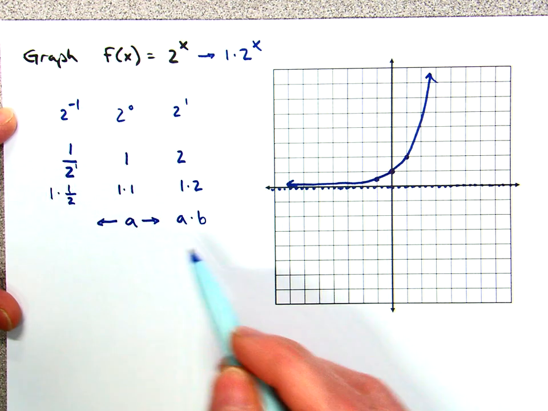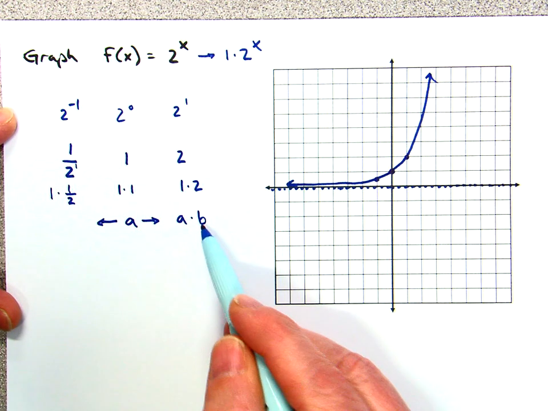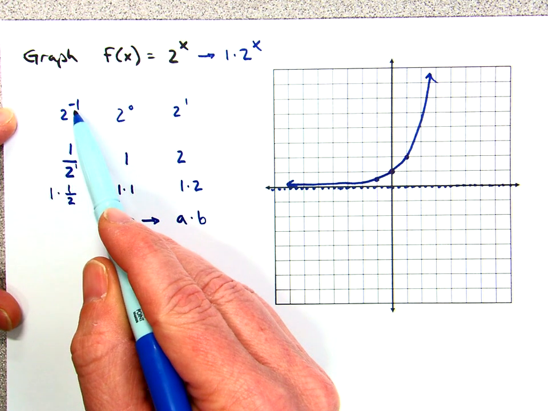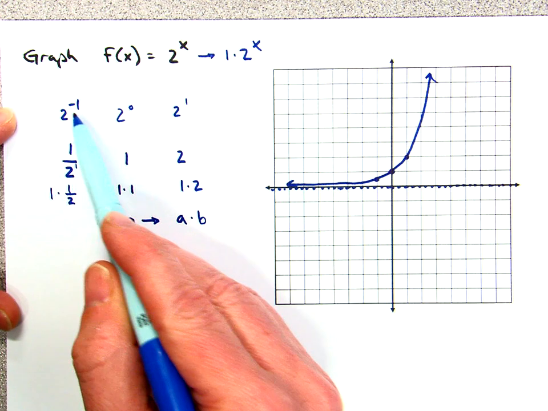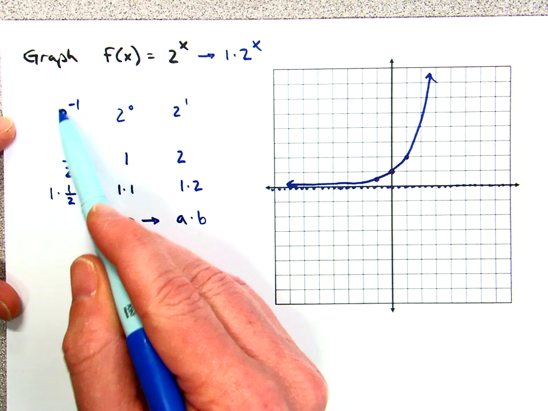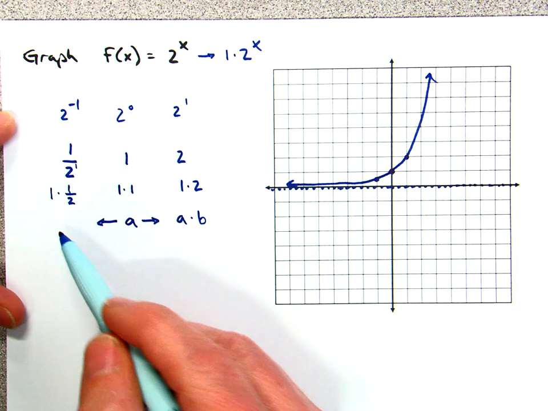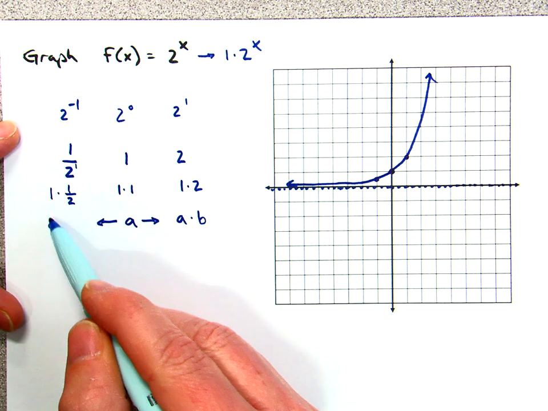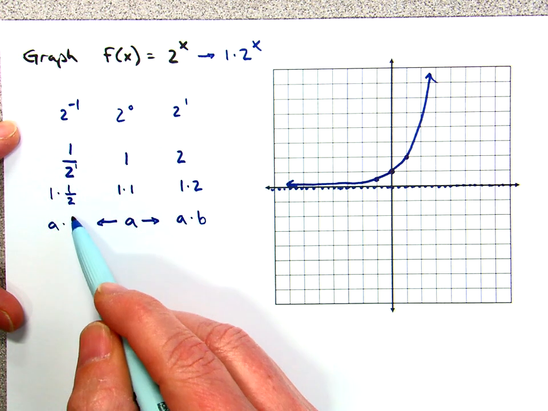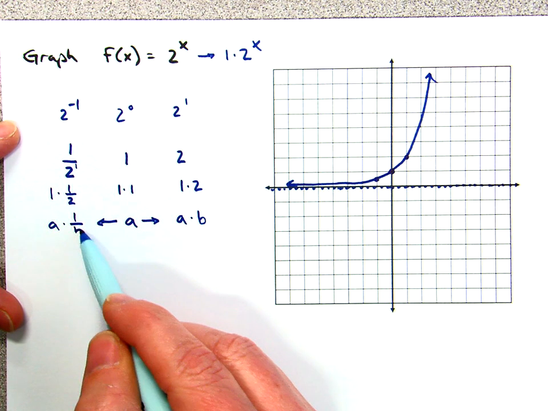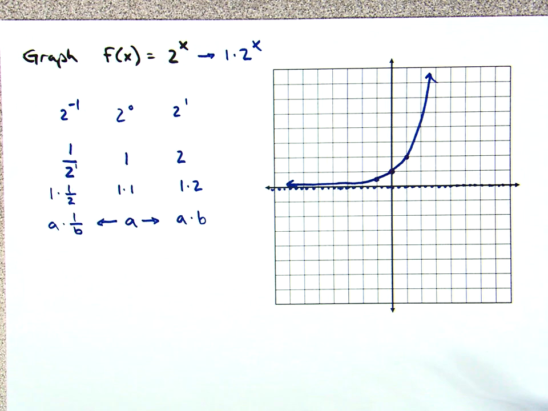So what I'll do is I'll say if this is 1 times a, the negative exponents, if you remember your exponent properties, means that we would flip whatever value we have here. So I'm going to write this as, a is itself times 1 over our b value, which will represent the reciprocal of whatever b is. So b could be an integer, it could be a fraction, right? So 1 over b just means it's going to flip.